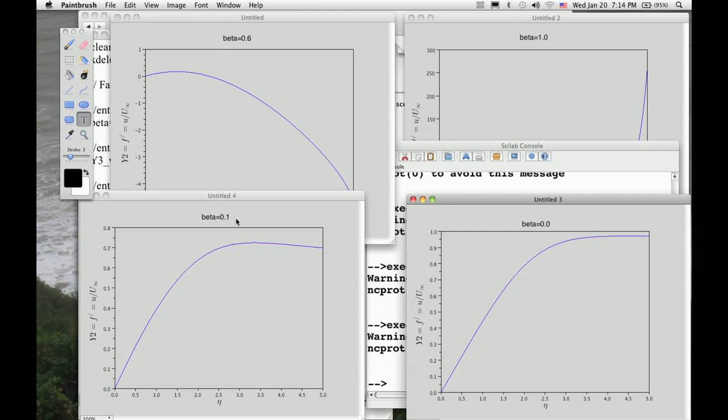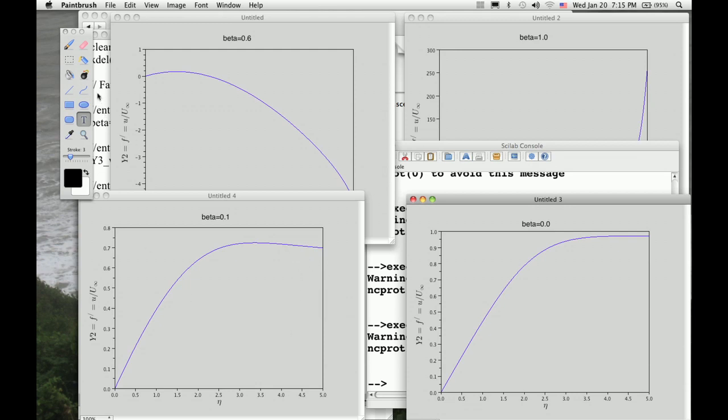When beta is equal to 0.1, at least till about 3.5, the nature is not much different. After that, it turns to curve down. The slopes also seem to be the same between beta 0 and beta 0.1, but it's slowly sloping off towards the farther end.